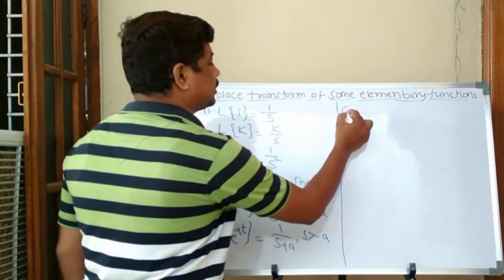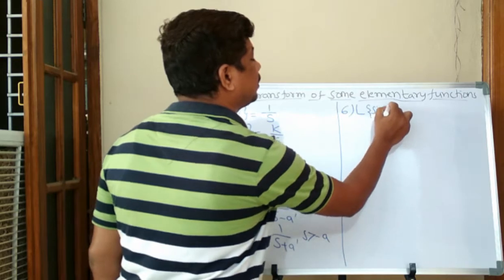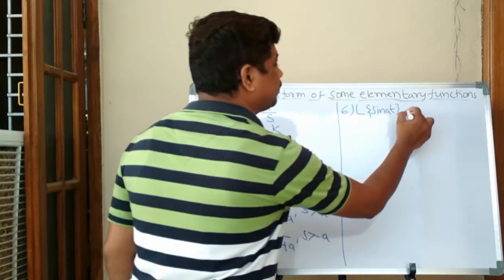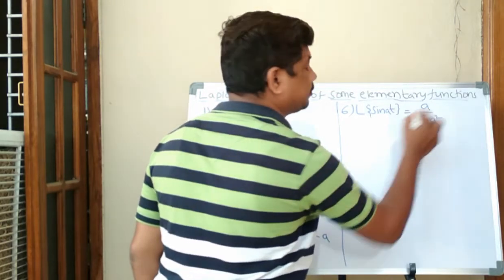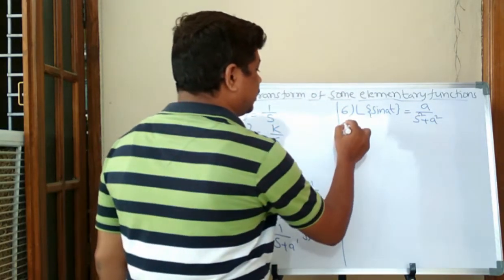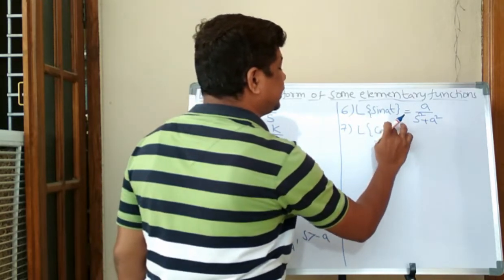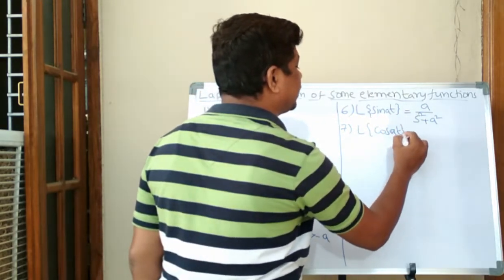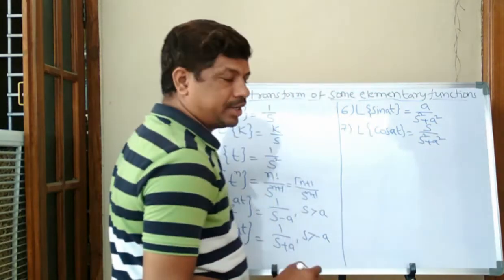Right. Next, trigonometric functions: Laplace of sin at will be equal to a by s square plus a square, and Laplace of cos at, also a trigonometric function, is s by s square plus a square.